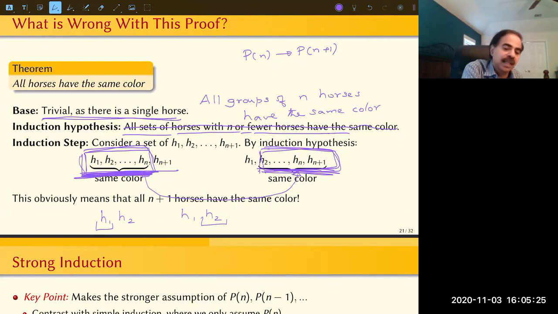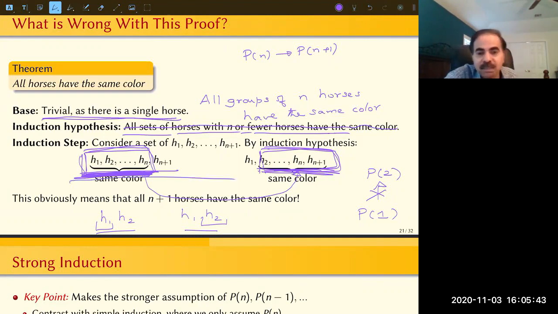So essentially P of 1 is definitely true, but as this example shows, I will not be able to go from P of 1 to P of 2. What this part shows is that if somehow I manage to build the second floor, then I can build everything else. But I really cannot build the second floor, because the induction step has incorrect reasoning that does not work when n equals 1. So you are not able to go from P of 1 to P of 2.